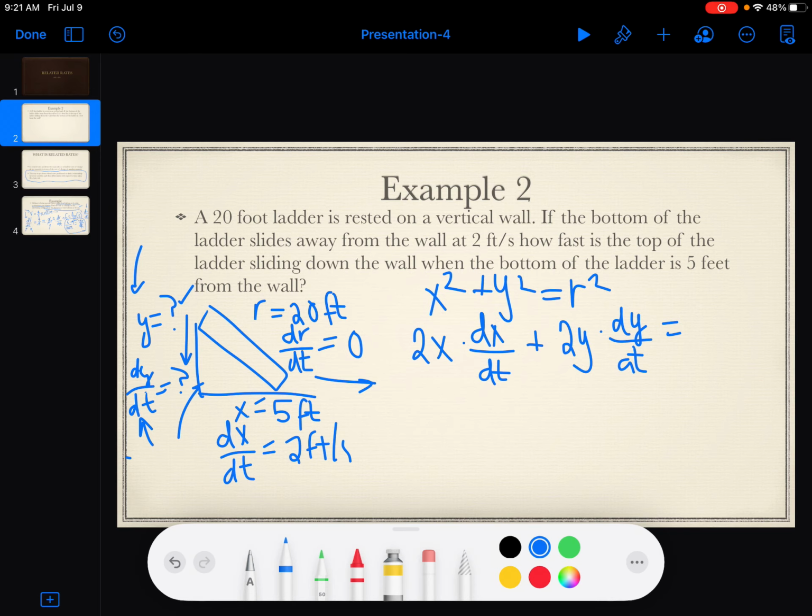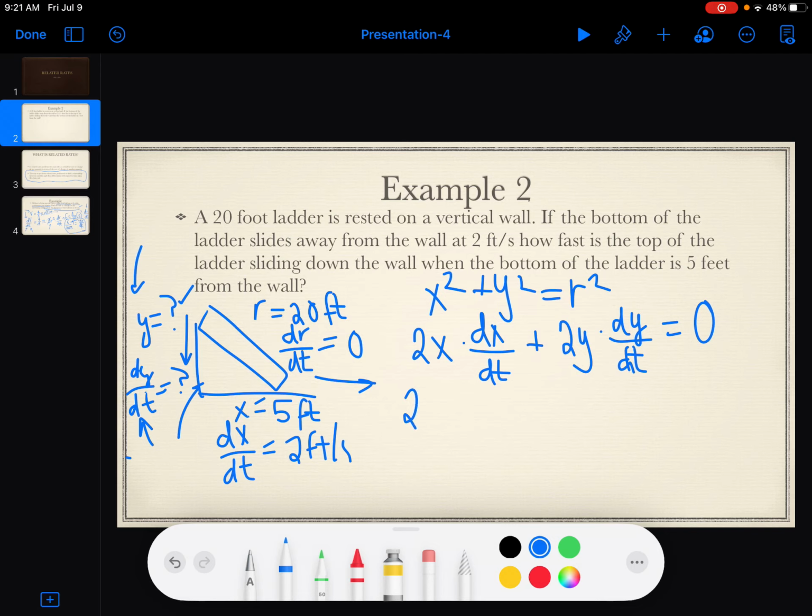And recall that the length of the ladder is never changing. Therefore, the derivative on the right side of the equation is just 0, because the length of the ladder is not changing with respect to time. So what are we left with? Well, we've got 2x times dx by dt plus 2y times dy by dt. And all we have to do is just fill in the numbers.